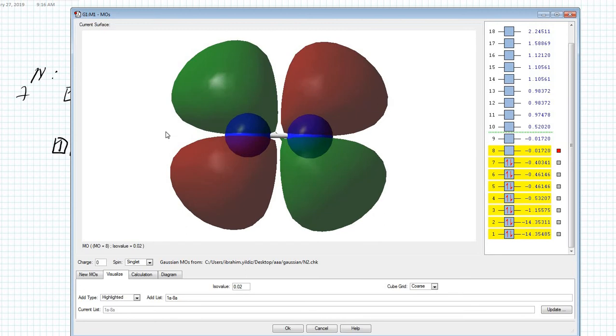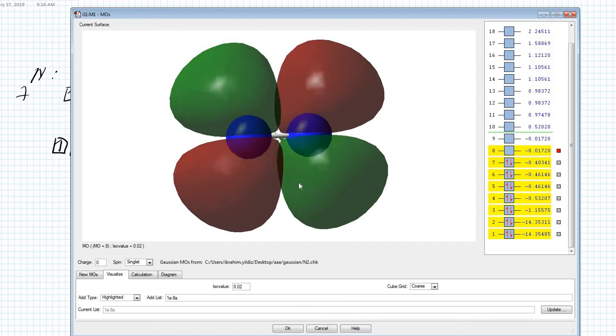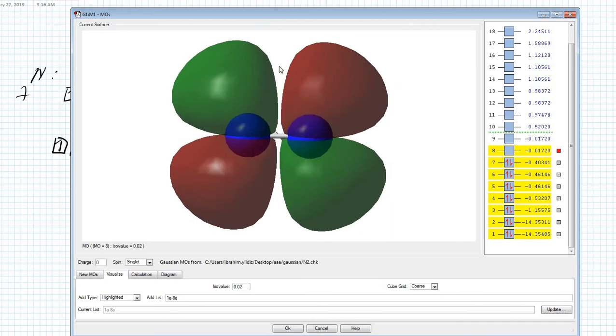This is called pi star or pi anti-bonding molecular orbital because positive and negative wave functions are overlapping, and actually they are creating a node in between two nuclei, meaning that we have an anti-bonding molecular orbital.